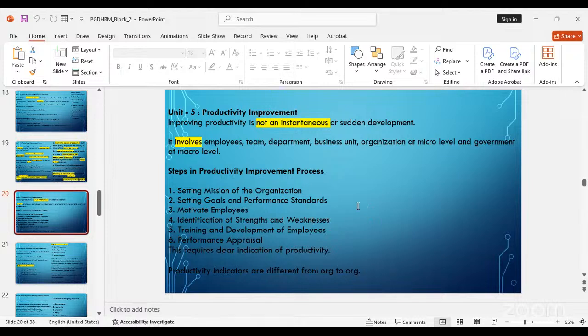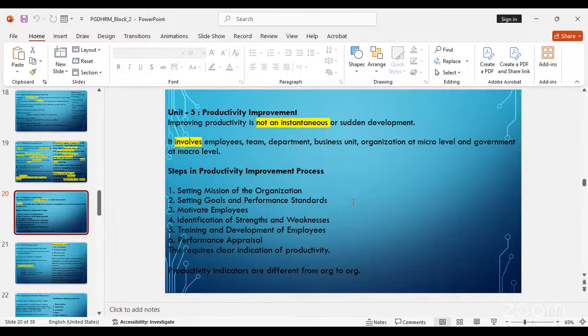So there are 6 steps in the process. The first step involves deciding on the mission of the organization, setting up goals and performance standards, and making sure that employees are motivated to achieve these goals and objectives.